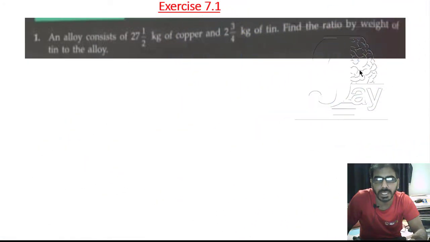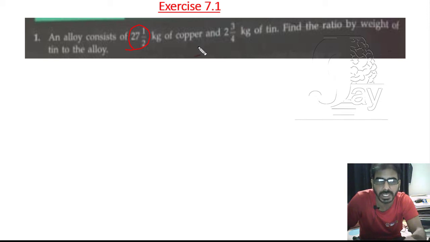We have exercise 7.1 here. This is question number 1. An alloy consists of 27.5 kg of copper. An alloy, I think everyone knows, comprises 2 or more metals mixed in a particular ratio.